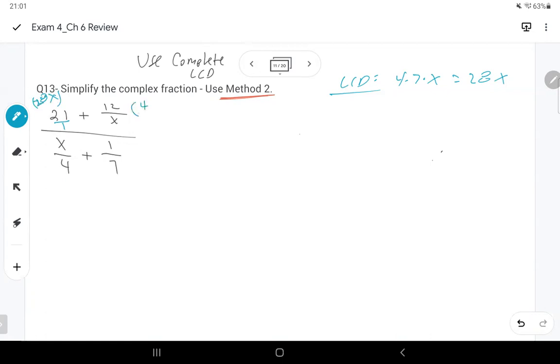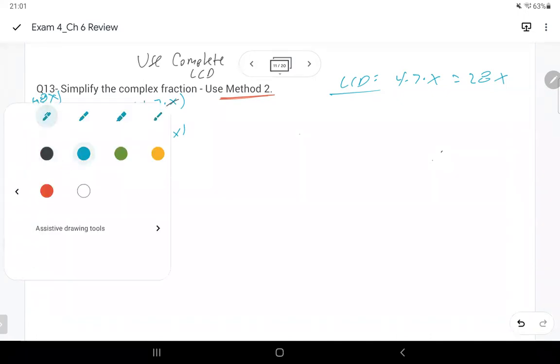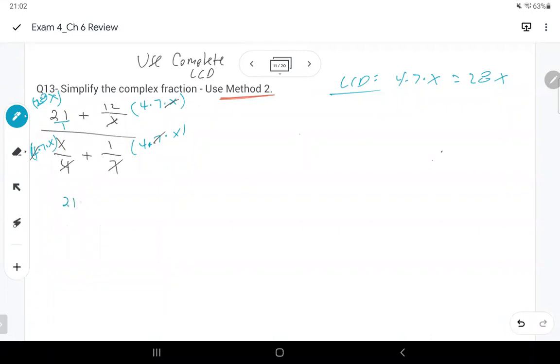This one gets 4 times 7 times x. X cancels, 7 cancels, 4 cancels. End up with 21 times 28x plus 12 times 28.